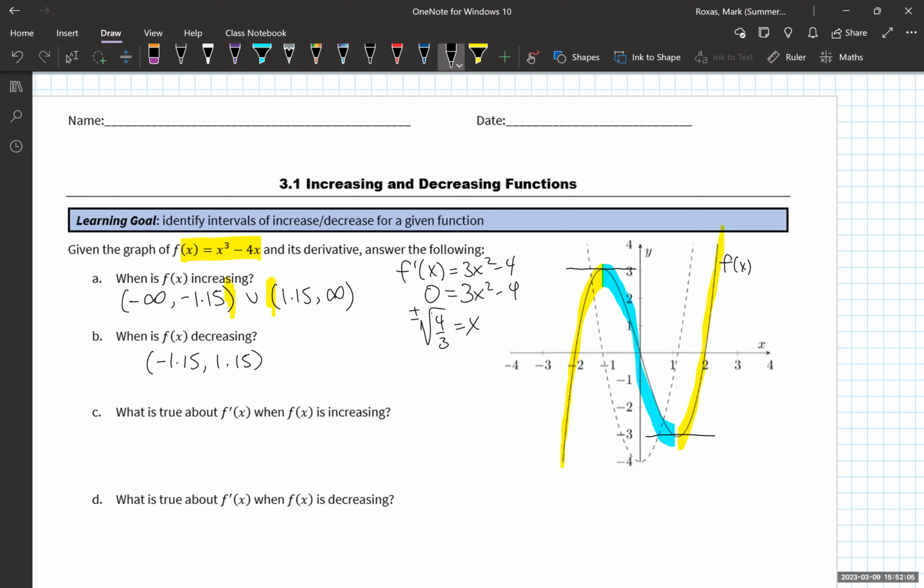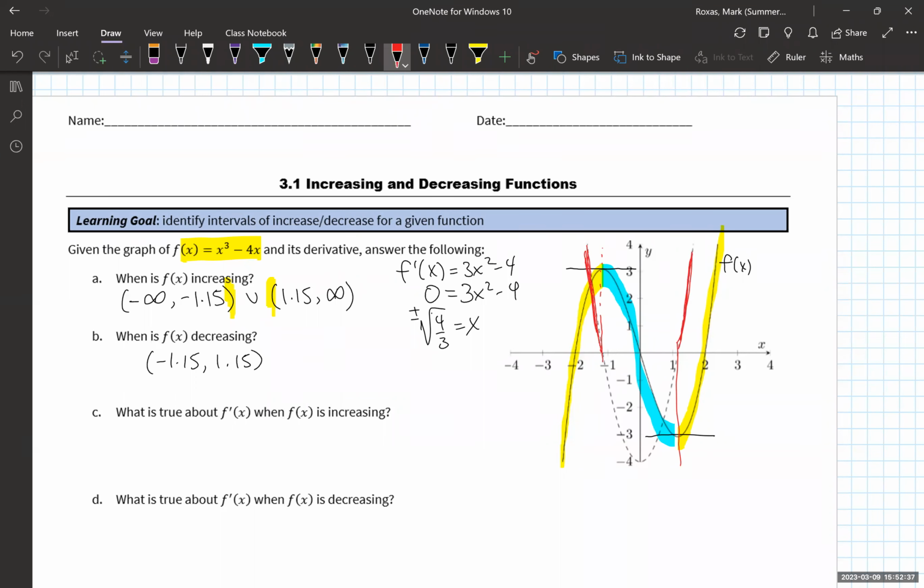What is true about f'(x) when f(x) is increasing? For the yellow portions of f(x), let's divide the interval there. For the graph of the derivative, it's this part here first, and on the other side, it's this part here.